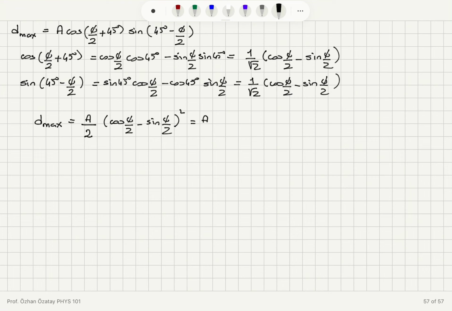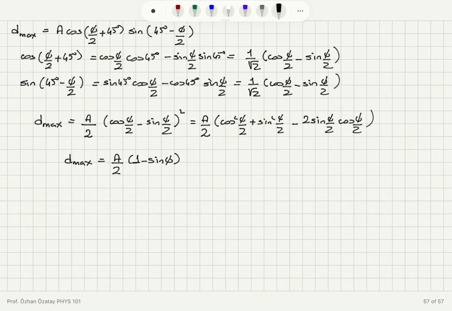So this will give me A over 2 times cosine square phi over 2 plus sine square phi over 2 minus 2 sine phi over 2 cosine phi over 2. Cosine square plus sine square is 1, and 2 sine theta cosine theta is sine 2 theta. So I obtain a D max of A over 2 times 1 minus sine phi.